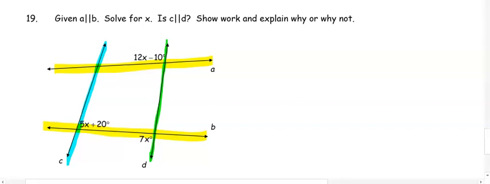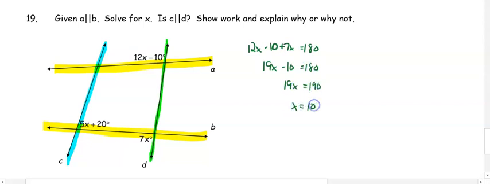They are same side exterior angles, so they need to be supplementary. So we have 12x minus 10 plus 7x is equal to 180. So we get 19x minus 10 equals 180. 19x is equal to 190. When we divide, x is 10.